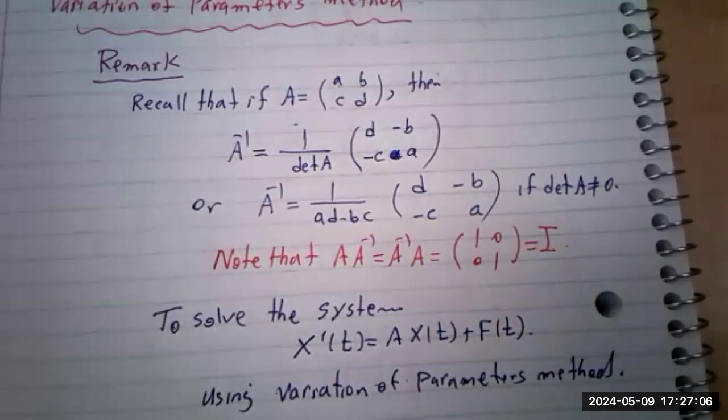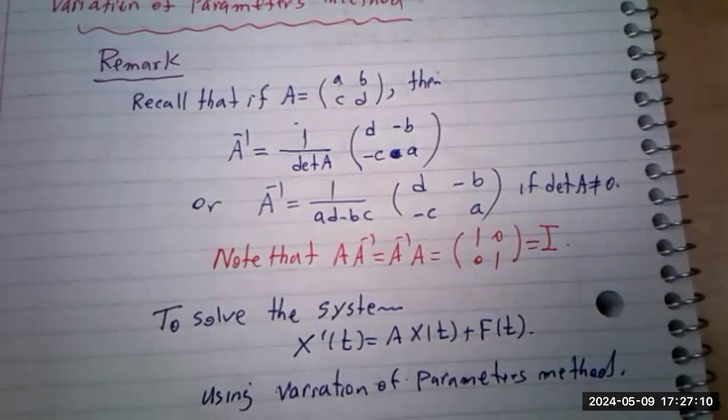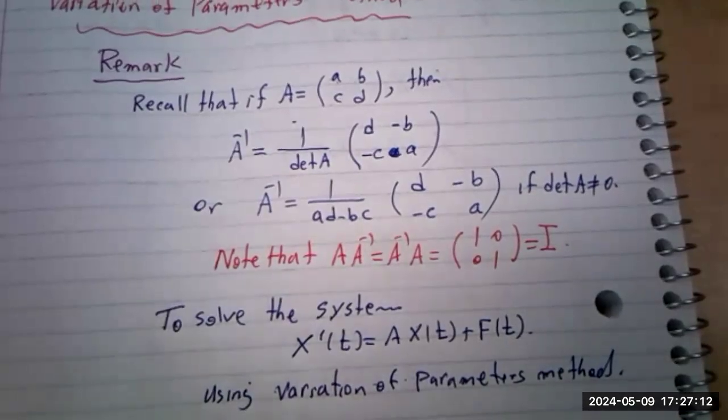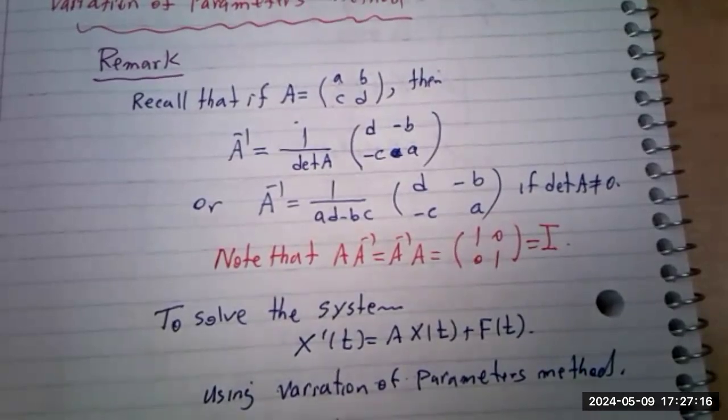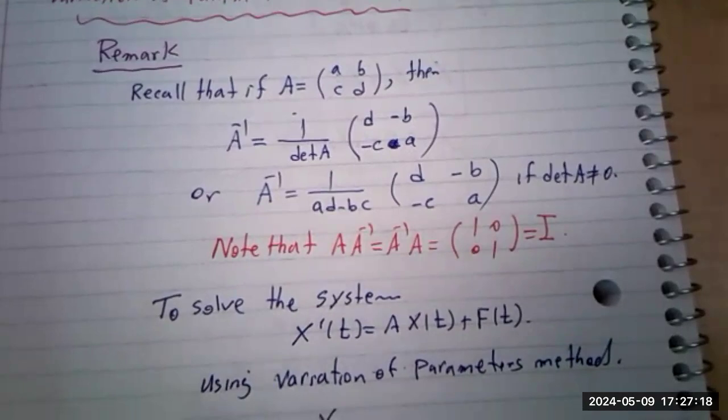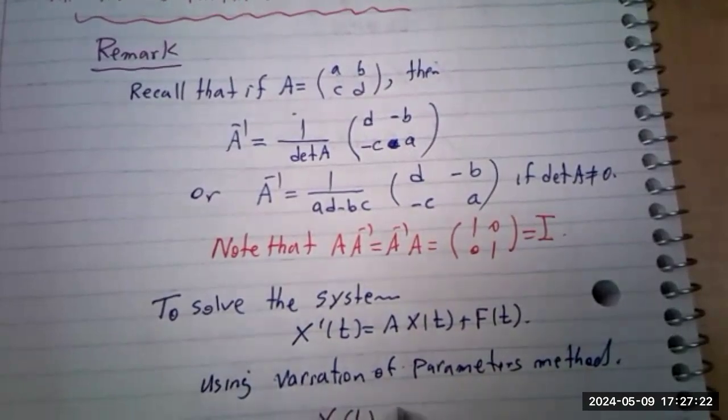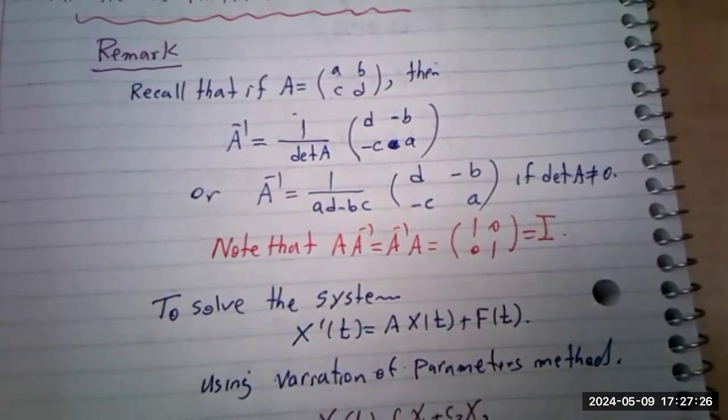So what we have to do, as we did before, is solve the homogeneous one first. Suppose you solve the homogeneous one and you find your x_c. Remember, x_c of t is going to be c1 x1 plus c2 x2.